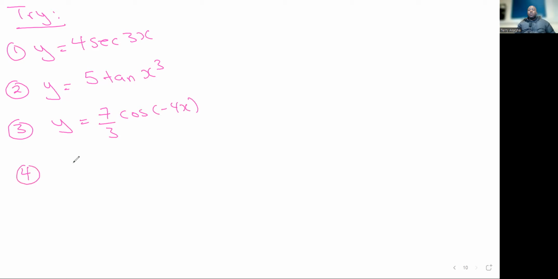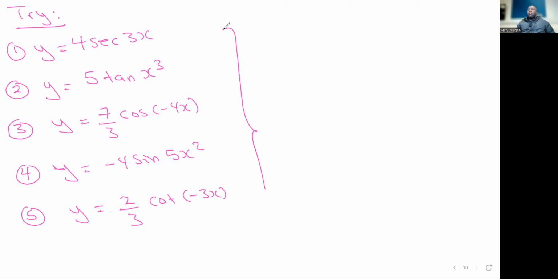Number 4, we have y is equal to minus 4 sine 5x squared. And number 5, we have y is equal to 2/3 cot minus 3x. For each of these, I want you to now find dy over dx, okay?